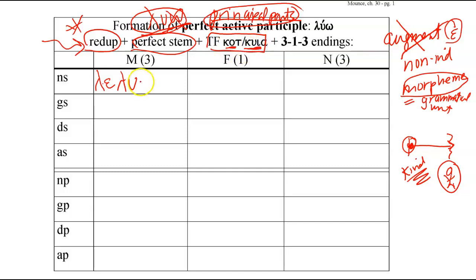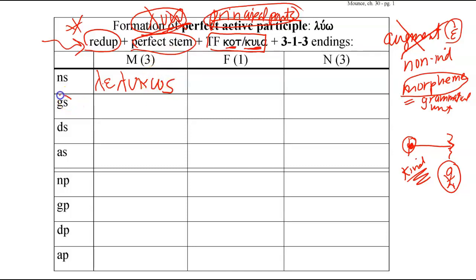We're doing the masculine form first. So we're using -kot, and then we're using the third declension noun ending. So we're supposed to add a sigma. And what happens is that when you add a sigma, the tau drops, and this short vowel, this omicron, doesn't like the fact that tau drops, and so it compensates by going long. It turns into omega. So the final form looks like this: lelukos.